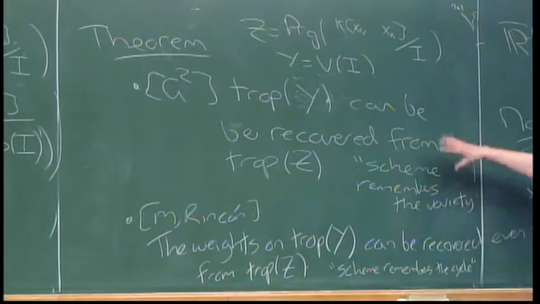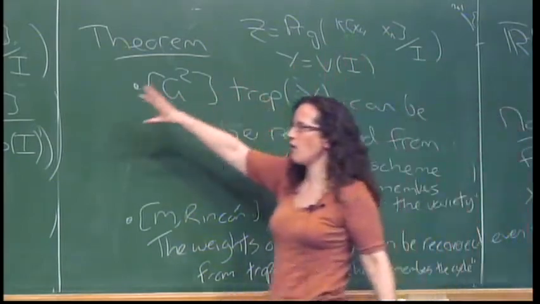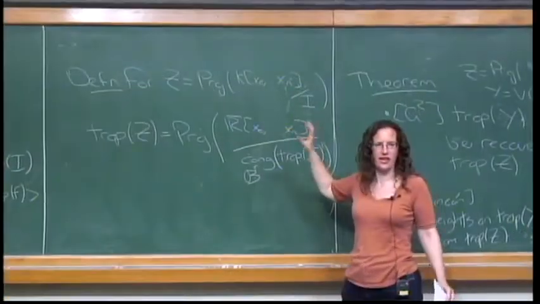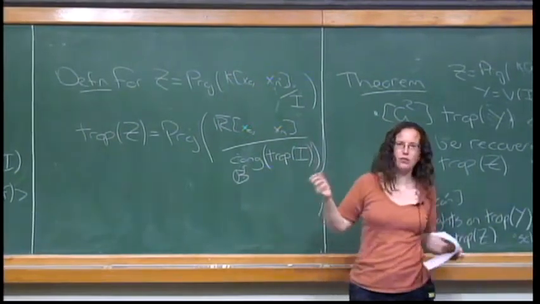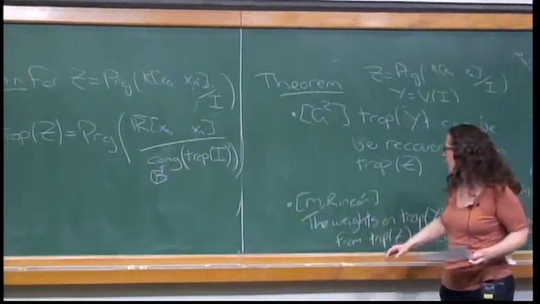So we're saying, if you give me this object here, from it you can get the set of points, which are the tropical variety, together with the multiplicities.